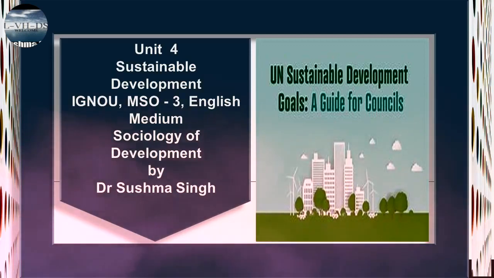It is also added that in essence, sustainable development is a process of change in which the exploitation of resources, the direction of investment, the orientation of technological development and institutional change are all in harmony and enhance both current and future potential to meet human needs and aspirations.